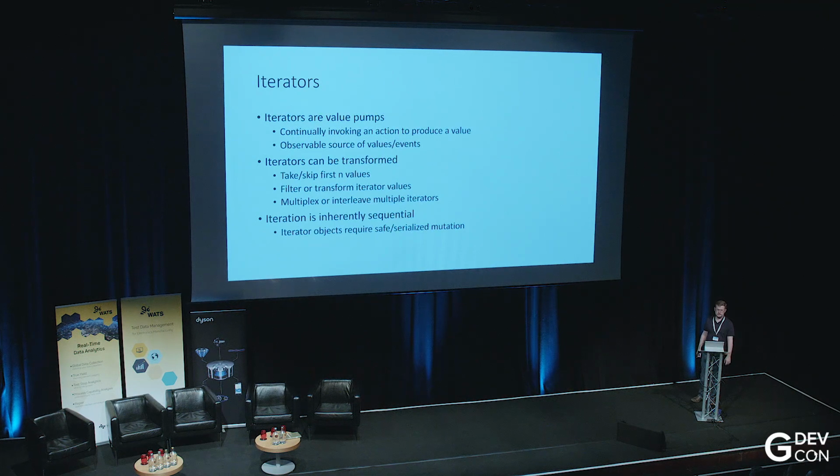And the last point I want to make is that all of this is built on what's inherently a sequential operation, which is saying I have a linear sequence of values that I want to get. And the abstraction is to say, okay, there's an object that knows how to produce that sequence, and it is continually modifying itself in order to produce the values of that sequence.